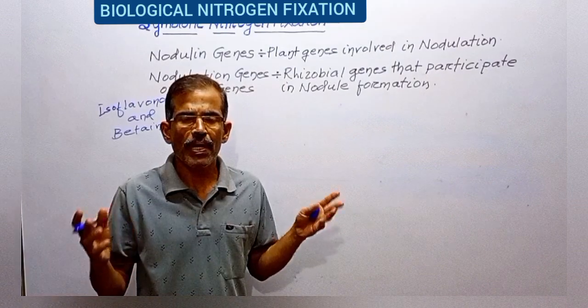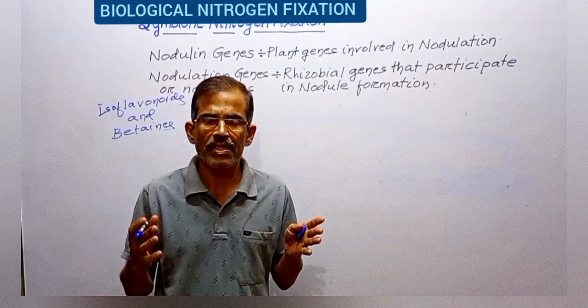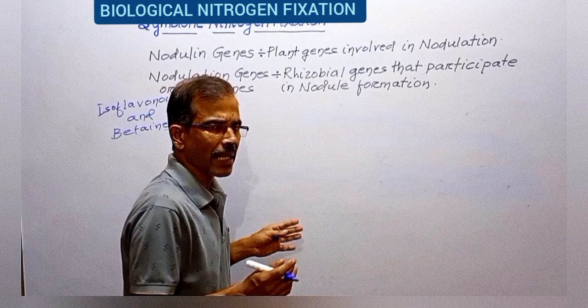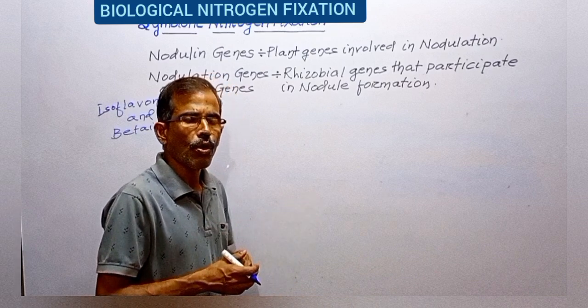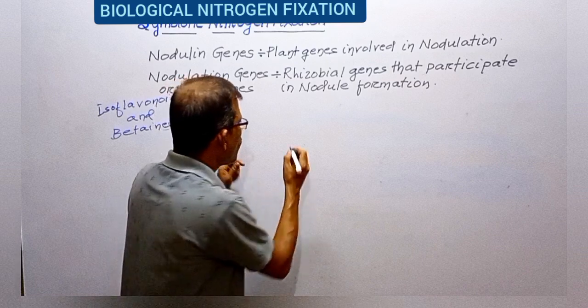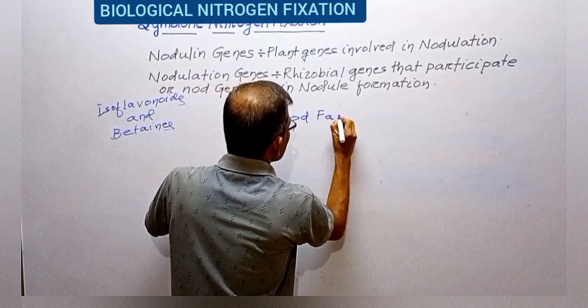Nod factors produced by nitrogen-fixing bacteria serve as signals for symbiosis. Nod genes which are activated by nodD code for nodulation proteins, most of which are involved in the synthesis of nod factors.